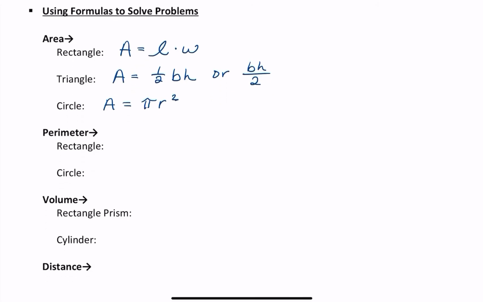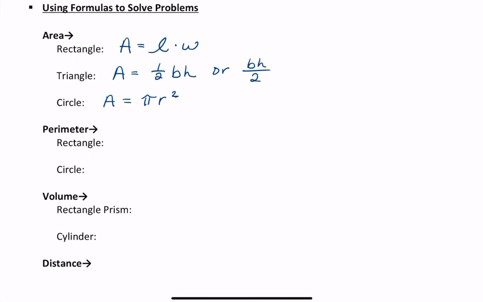Perimeter, which is all the way around. For a rectangle, remember you would add up all the sides. So you could have width plus length plus length plus width, or that is the same as 2w plus 2l.